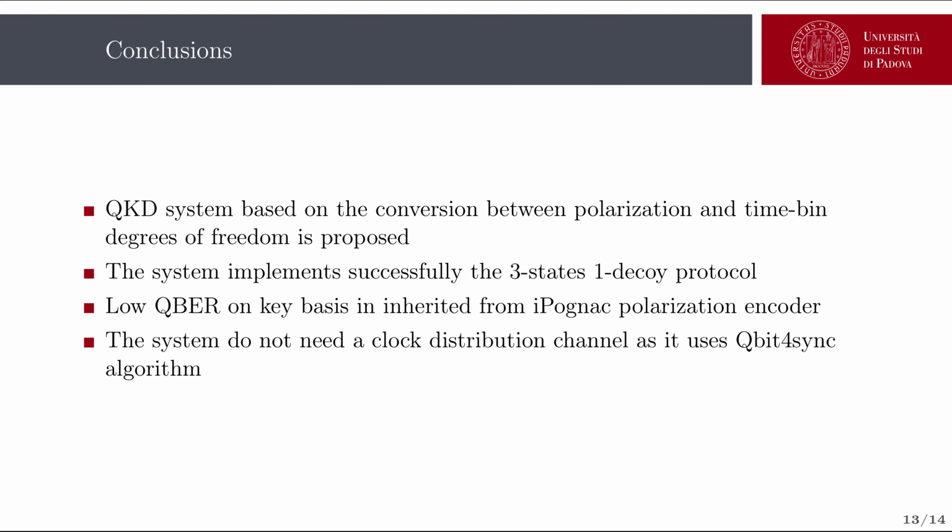Instead, in this experiment, the receiver reconstructs the transmitter clock from the time tagger data it receives. And we think this is a really great advantage because that makes the system independent from external clock sources like other fibers or GPS receivers.